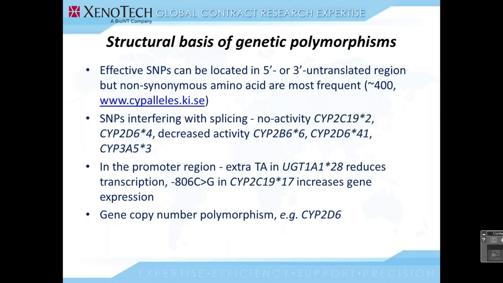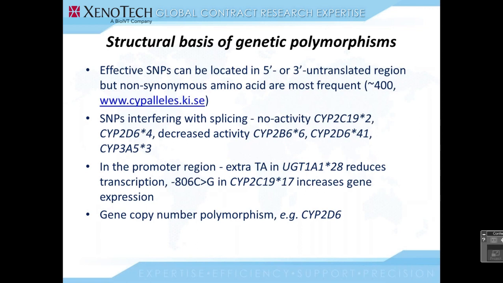Genetic polymorphisms at the base of an increased adverse drug reaction risk are complex. By far, non-synonymous amino acid changes are most frequent, and the Karolinska site for CYP alleles in humans lists about 400 examples of those, although effective single nucleotide polymorphisms can also be located in a 5' or 3' untranslated region of a given gene.